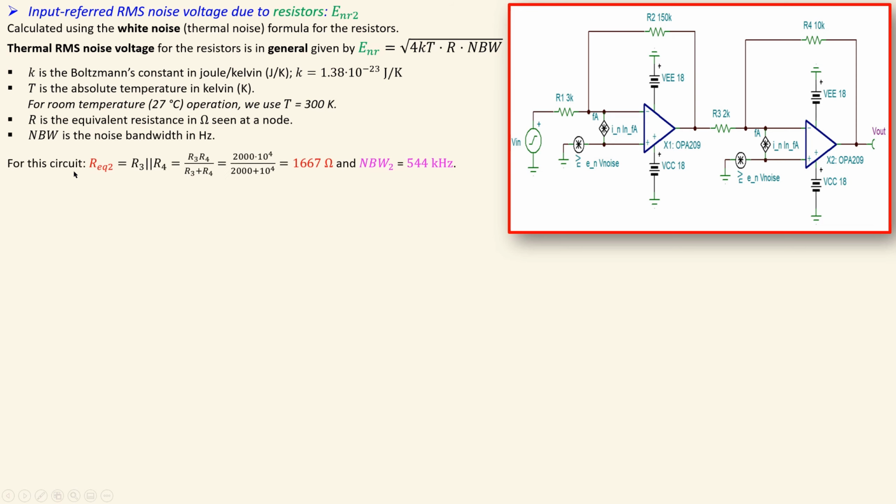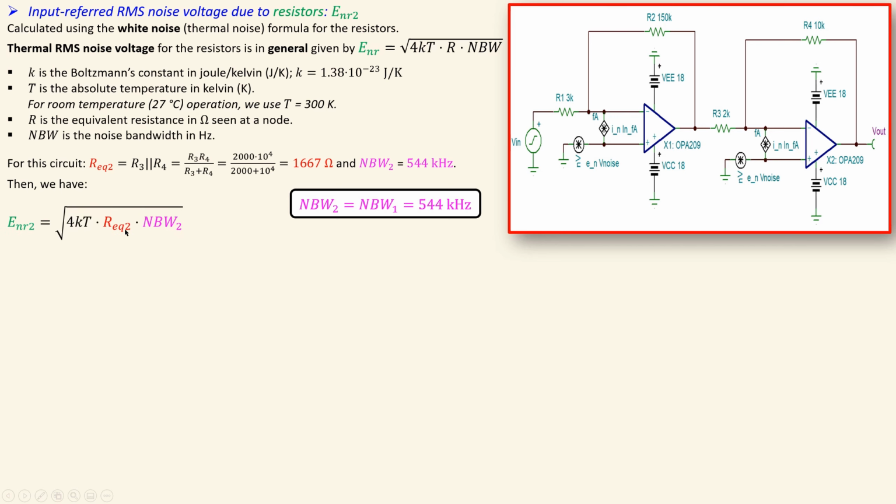Okay, now for this, we have already calculated the equivalent resistance, which was 1,667 ohms, and our noise bandwidth, of course, was much larger, but since this is a complete circuit, it is limited again by the first stage, which is 554 kilohertz. So the noise bandwidth is equal to the first stage, because the first stage will limit the total noise bandwidth.